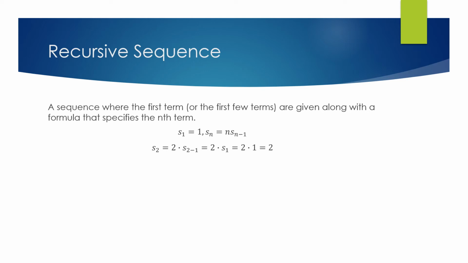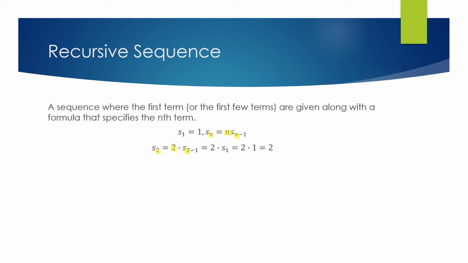So S sub 2 is going to equal 2 times S sub 2 minus 1. Remember that in this case, n is going to be this factor, and I am going to subtract 1 to get to the previous term.